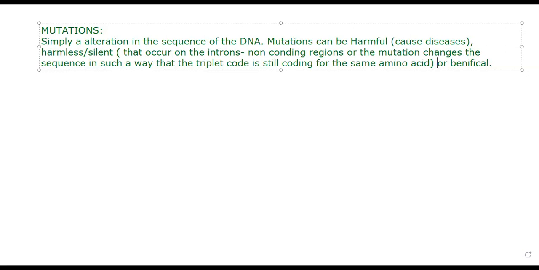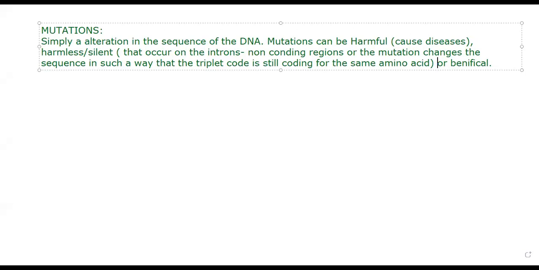So that's also a silent mutation. A mutation has taken place, but in terms of the phenotype of the patient, you will not see any effects of it whatsoever. And that's the reason for it, right? These are your silent mutations.